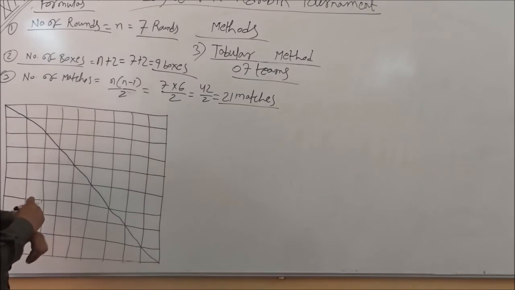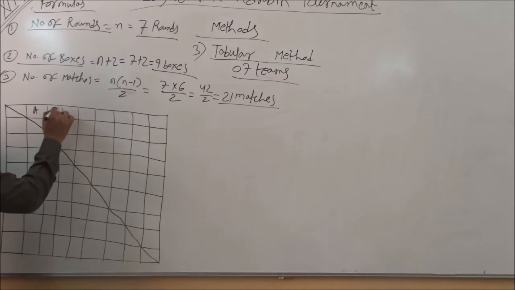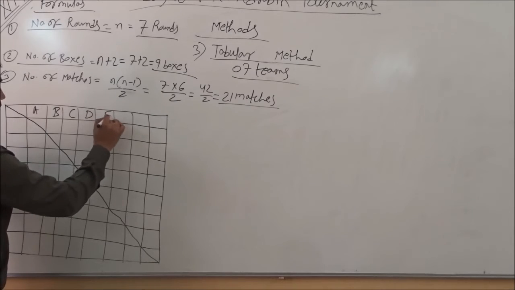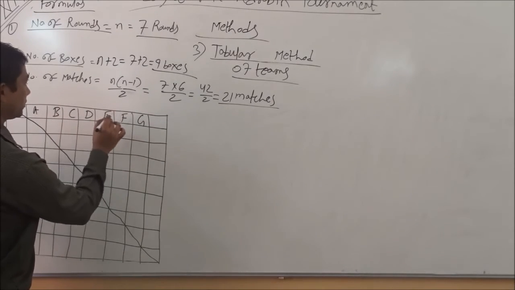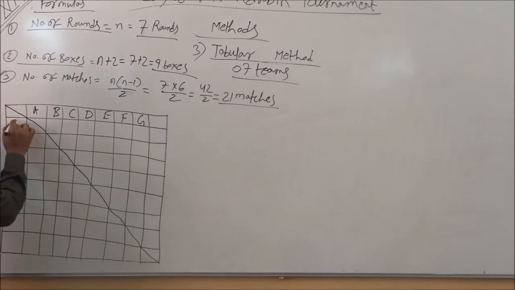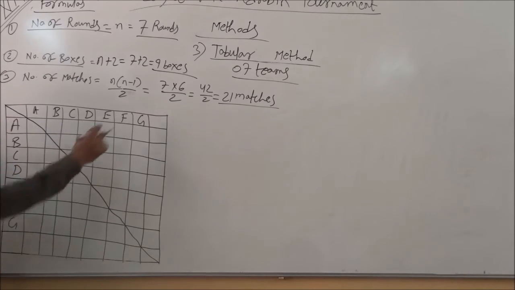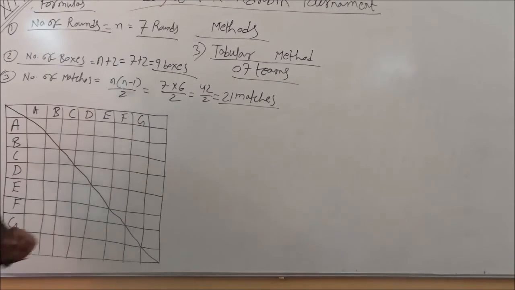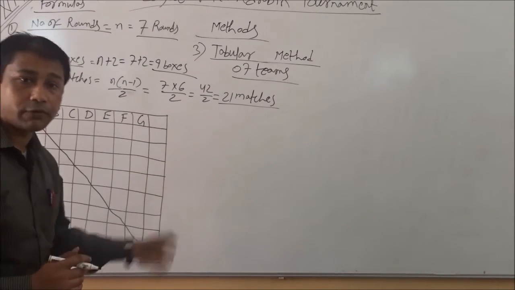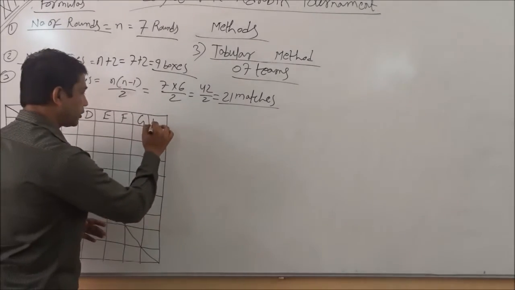Now, let us mention the names. Now you see, we have mentioned 7 teams. 1 box has been vacant. So what to do? In that one vacant slot, we will put bye.